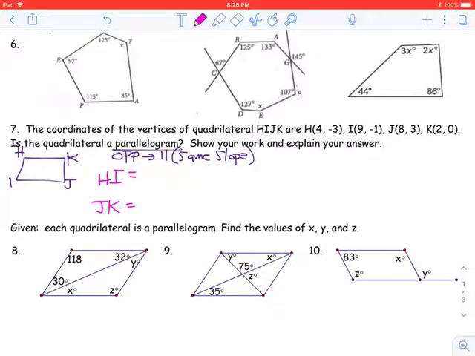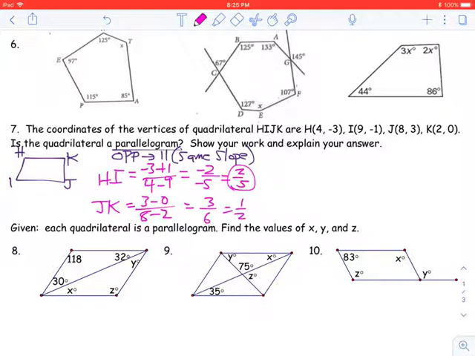So for HI, it's going to be y minus y, so negative 3 minus negative 1, over 4 minus 9, and so that's going to be negative 2 over negative 5, which becomes 2/5. Okay, let's find JK now. That's going to be y minus y as well, so 3 minus 0 over 8 minus 2, and so what I get is 3 over 6.